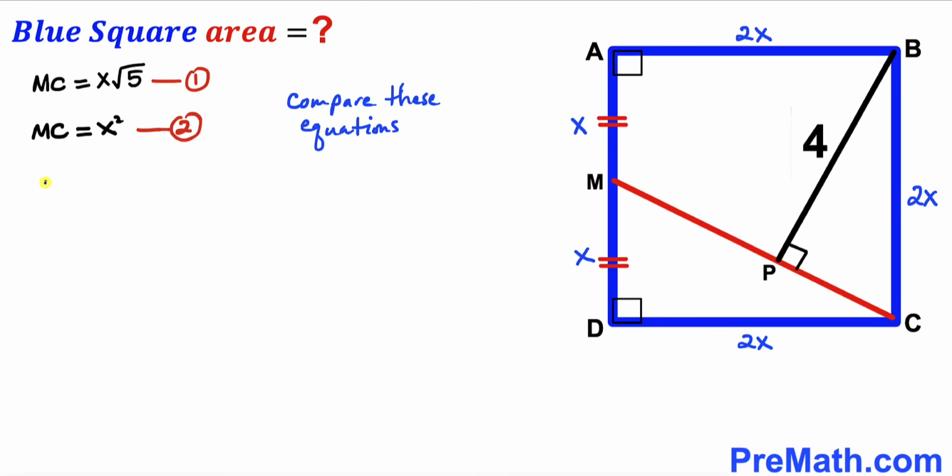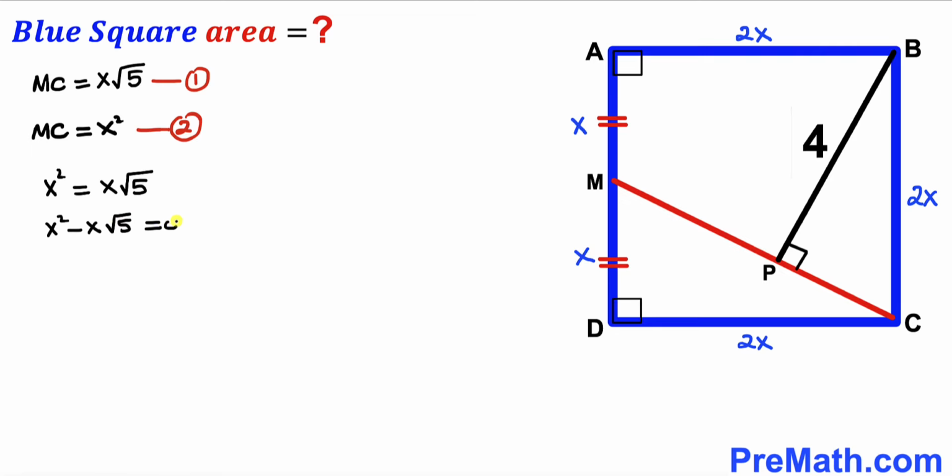So we can write x squared equals x times square root of 5. Now we are going to move these terms to the other side. So we get x squared minus x times square root of 5 equals 0. Here we can see x is common, so I can bring that outside. So we get x times (x minus square root of 5) equals 0.